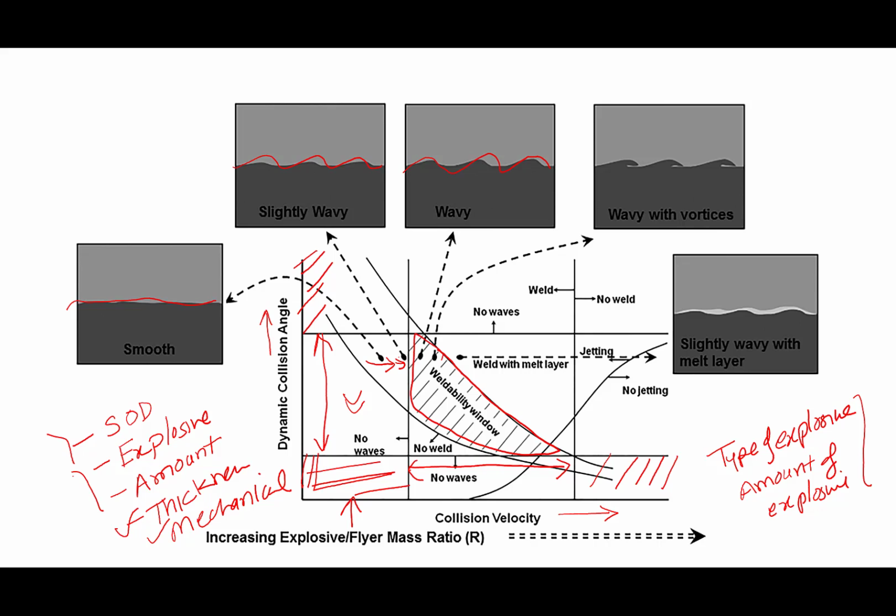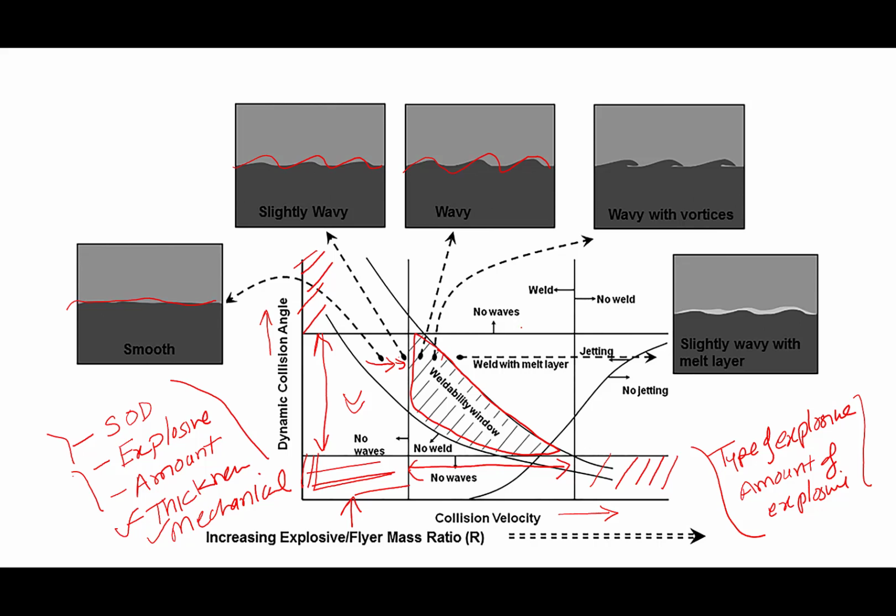So there are multiple factors, and these need to be optimized so that you are able to realize the desired collision angle. Similarly, to establish the desired collision velocity, the suitable type of explosive and its amount are to be used.